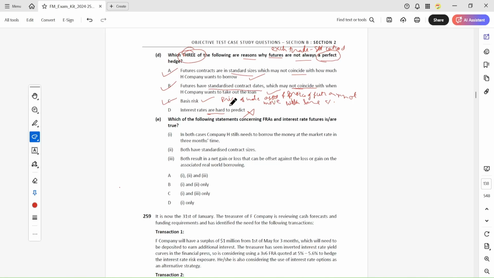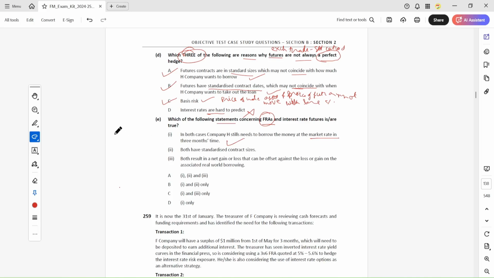Which of the following statements concerning forward rate agreements and interest rate futures is or are true? In both cases, company H still needs to borrow money at the market rate.